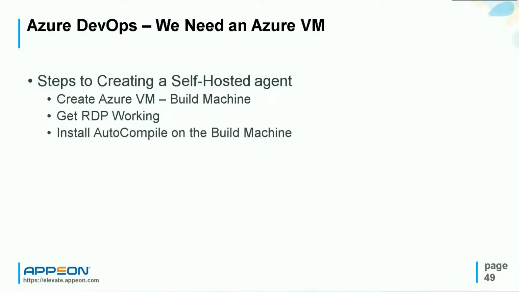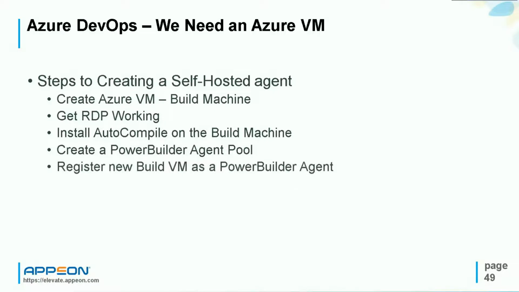And then I need to RDP to that new VM, and then I need to install autocompile. And then I have to create a PowerBuilder agent pool. I have to create an agent pool in Azure DevOps, and I'm just going to call it the PowerBuilder agent pool. And then I register this new build VM that I just created as an agent.